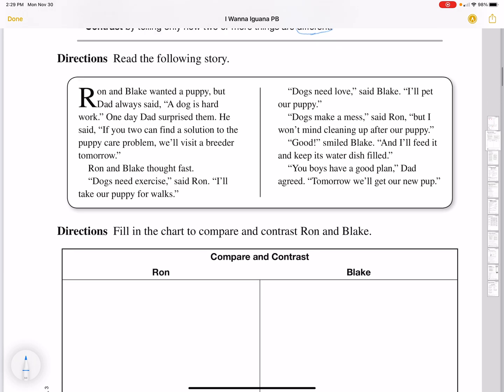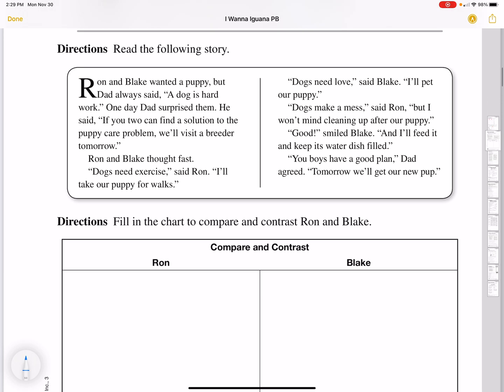Read the following story. Ron and Blake wanted a puppy, but Dad always said a dog is hard work. One day, Dad surprised them. He said, if you 2 can find a solution to the puppy care problem, we'll visit a breeder tomorrow. Ron and Blake thought fast. Dogs need exercise, said Ron. I'll take our puppy for walks.